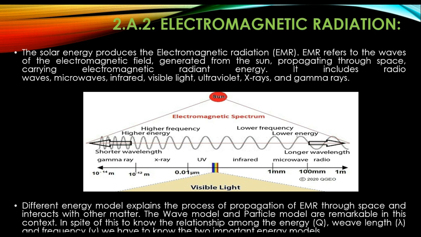Different energy models explain the process of propagation of EMR through space and its interaction with other matter. The wave model and particle model are remarkable in this context. Besides these, to know the relationship among energy, wavelength and frequency, we have to know the two important energy models.